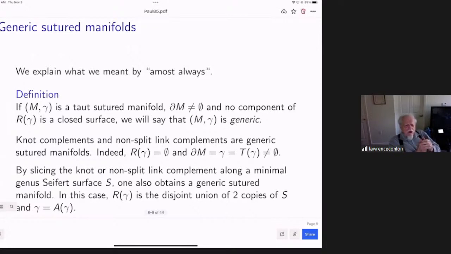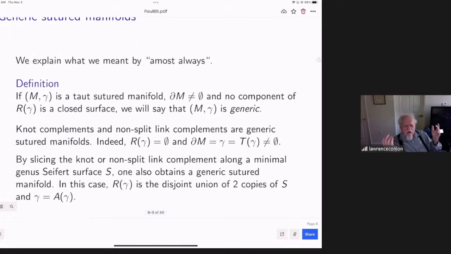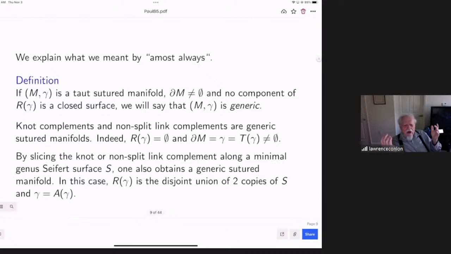In particular, Gabai was interested in knots and non-split links, and the knot complements and non-split link complements are generic sutured manifolds. In those cases, the boundary of the manifold is the knot boundary or the link boundary. It's just made up of tori. R(γ) is empty, so the condition is vacuously satisfied.